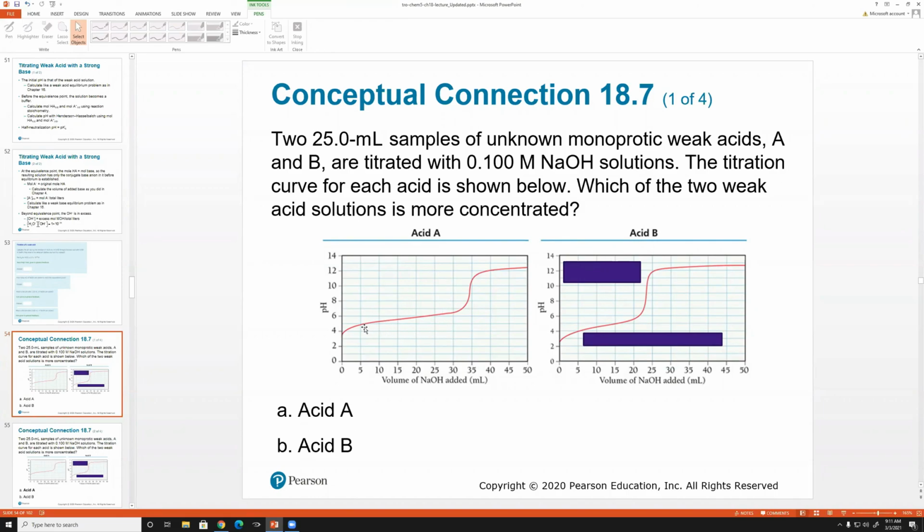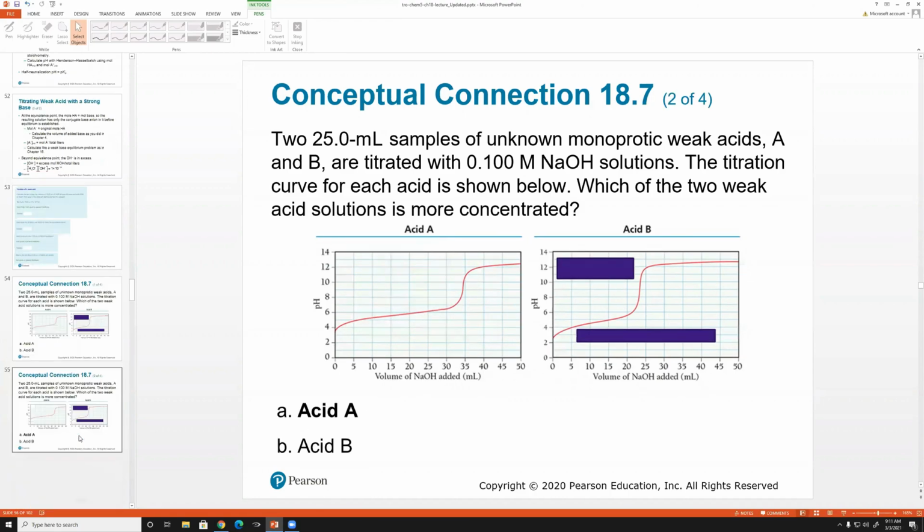So if you look at acid A, it takes over 30 mils, 35 mils or so, of the base to get to the equivalence point, meaning there is a greater molar amount of acid than there is in acid B. So that's our answer right there.